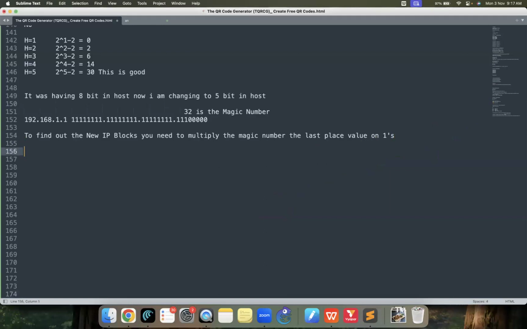So here my magic number is 32. First you copy this .0, then .32.